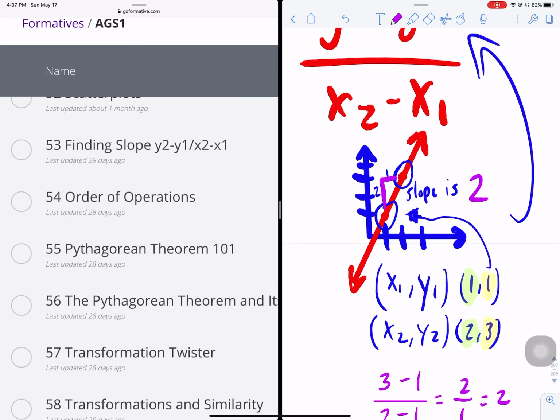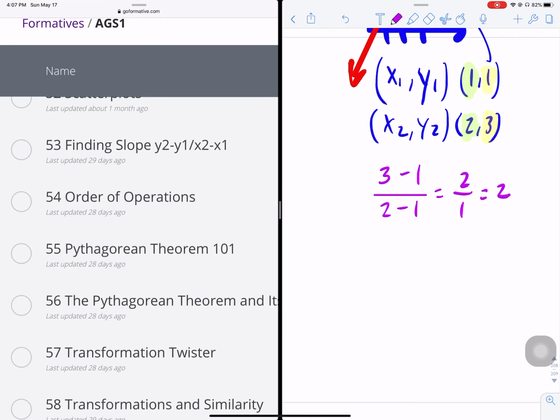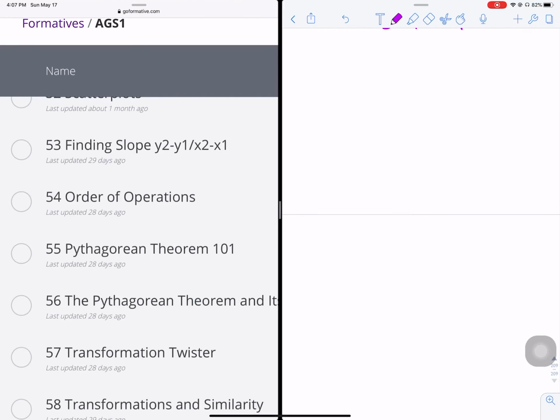Okay. What's the tricky part about this? The tricky part is if they give you something like negatives. Let's say for whatever reason they give you -2, -2, and then the next one is 0, 2.